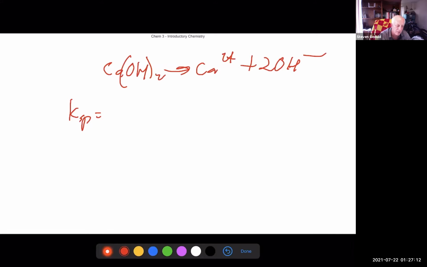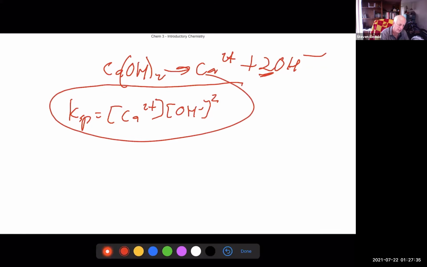Okay, so with products over reactants, your products are Ca2 plus and OH negative, raised to the second power, because of this 2 right here. Okay, and divided by calcium hydroxide, which is a solid, so you don't include it. So just divide by 1, which doesn't change anything. So that's your equilibrium expression right here. At equilibrium, it's equal to the concentration of calcium times the concentration of hydroxide squared. Okay. And those are what's called solubility products because a solid is dissolving.